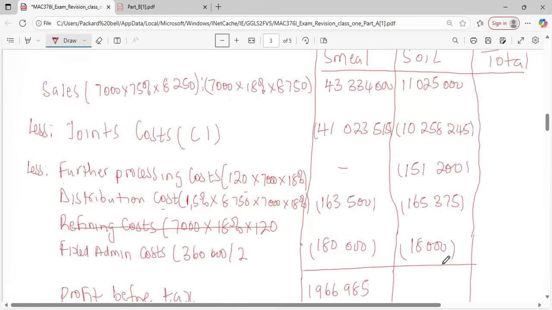Minus 10. Are you guys still there? What's happening? Minus 151.